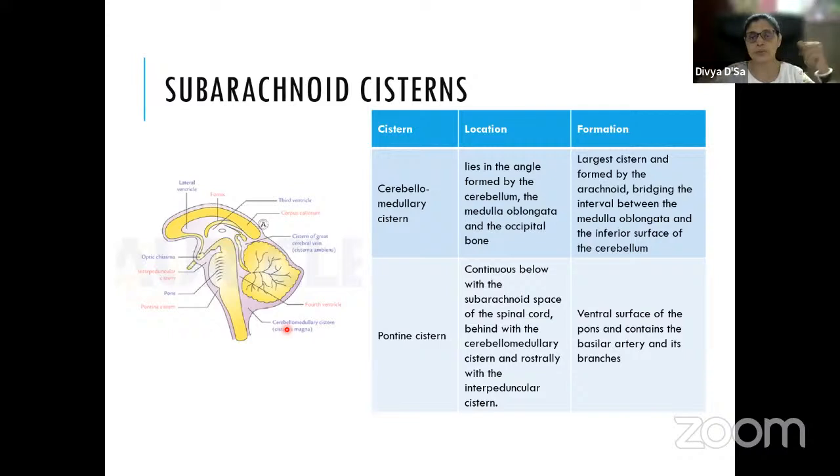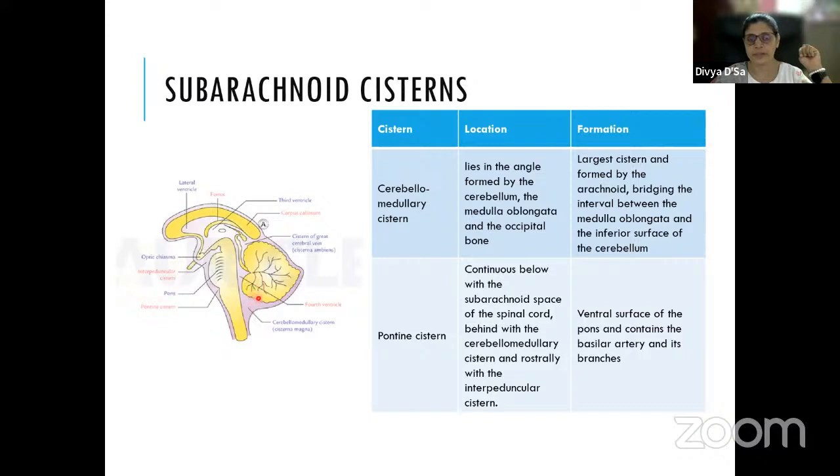Okay. So first is the cerebellomedullary cistern. This is the largest cistern. It is also called cisterna magna. It lies in the angle formed by the cerebellum.